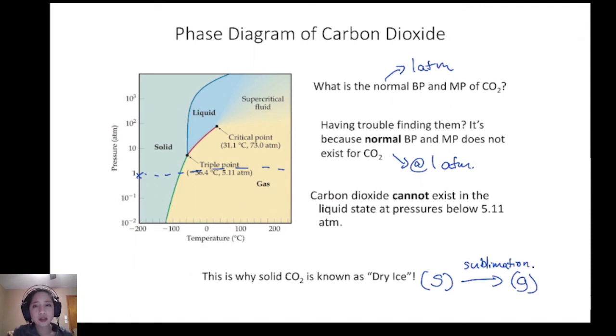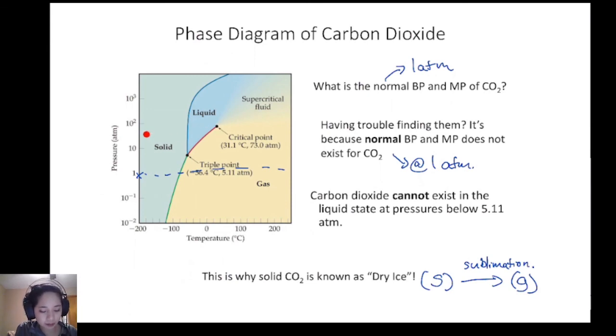Okay, well, what about its melting point and boiling point? Where are they? What does this mean? It means that carbon dioxide can't exist in the liquid state at pressures below the triple point, essentially. So we have to increase the pressure of our surroundings in order to make liquid CO2, unfortunately. So we can never have liquid CO2 in earthly conditions out in the open. We have to put a CO2 sample under a ton of pressure, almost 5 atm, in order to get it to become a liquid.